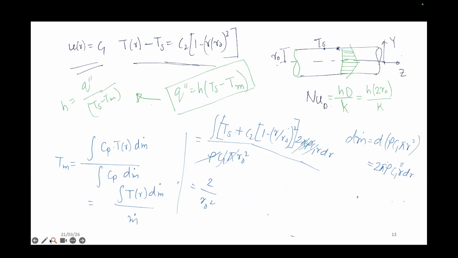Up to this it is clear or not? First tell me this thing. So see, Ts is there, and integration of rdr, the integration is from 0 to r naught. So integration is r square by 2, because 2 has already come out, plus C2.